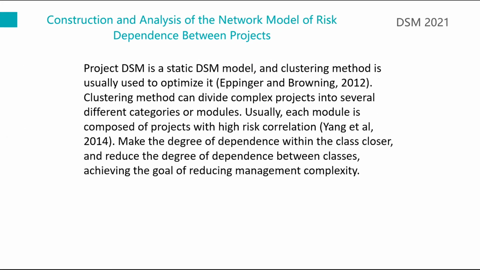Project DSM is the static DSM model, and the clustering method is usually used to optimize it. The clustering method can divide a complex project into several different categories or modules. Usually, each module is composed of projects with high risk correlation, making the dependency within the class closer and reducing the dependency between classes, achieving the goal of reducing management complexity.